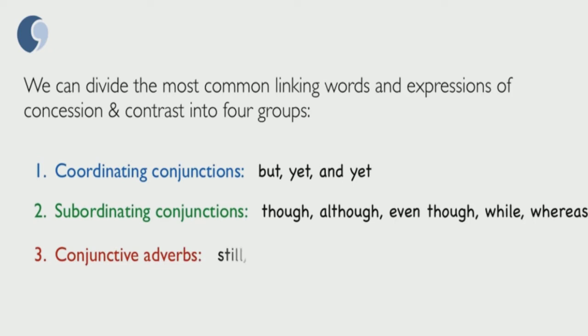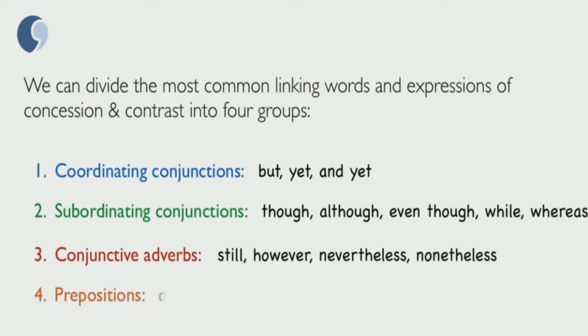Conjunctive adverbs: still, however, nevertheless, nonetheless. And finally, prepositions: despite and in spite of. Okay, so we can divide the most common linking words and expressions of concession and contrast into 4 groups.